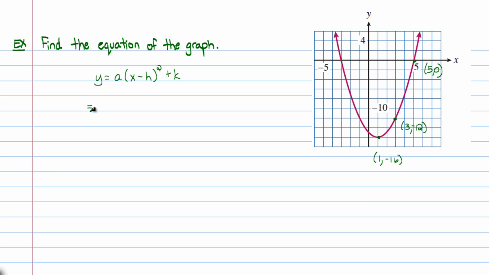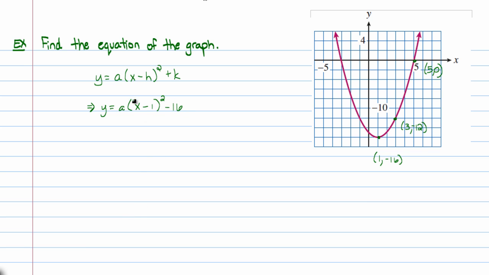So this implies that y is equal to a times x minus the x value for the vertex, so x minus 1, quantity squared, plus the y value for the vertex, which is negative 16. Well, okay, I don't have to write that as a plus a negative 16. I could write it as a minus 16.